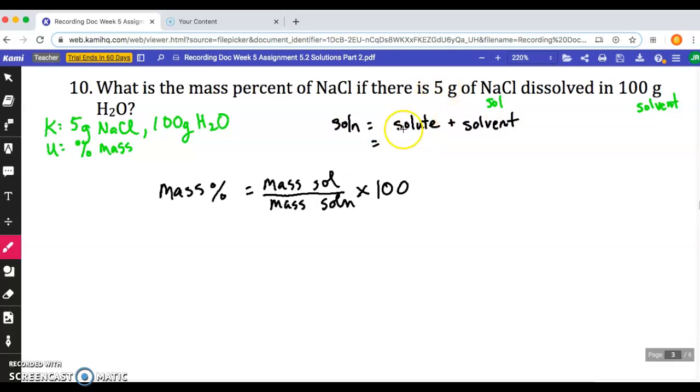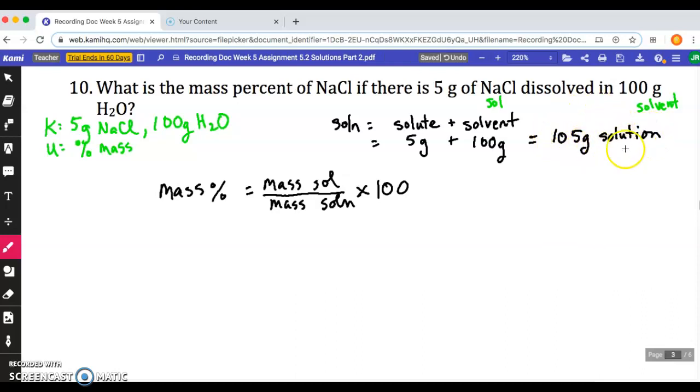And we have 5 grams of the solute and 100 grams of the solvent. That's 100 grams, which will equal 105 grams of the solution. And there you go.